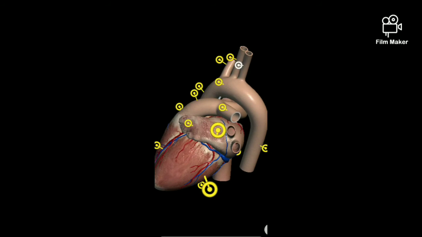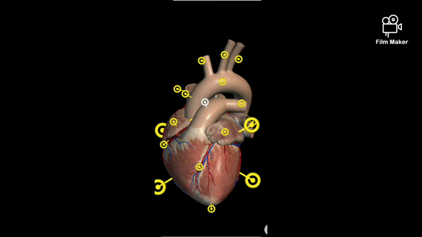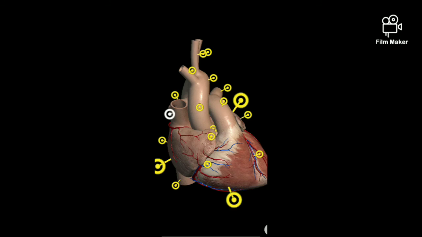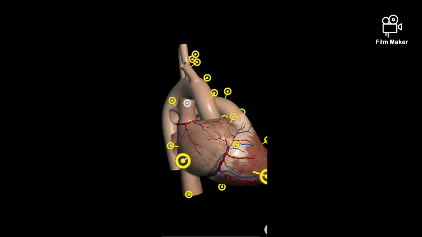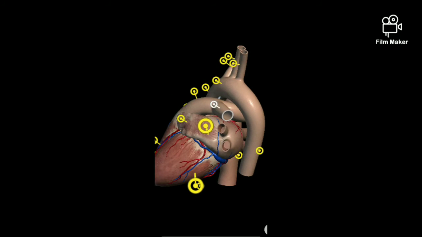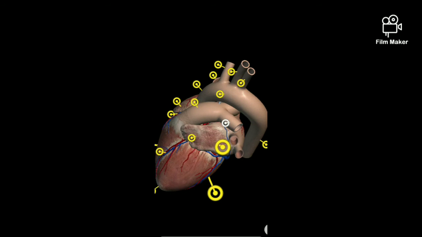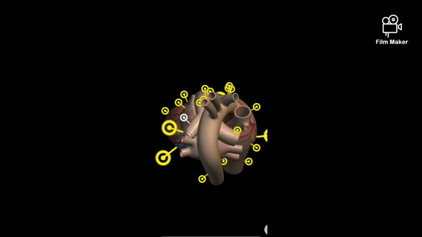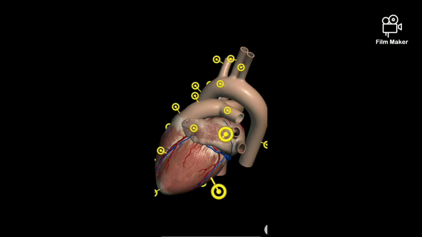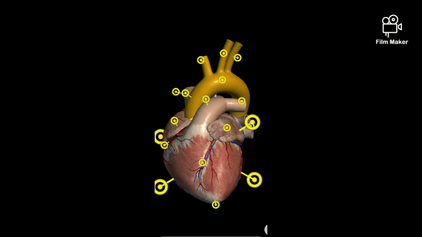Pulmonary artery: the pulmonary trunk. This is the pulmonary artery. The pulmonary trunk divides into the right and left pulmonary arteries.